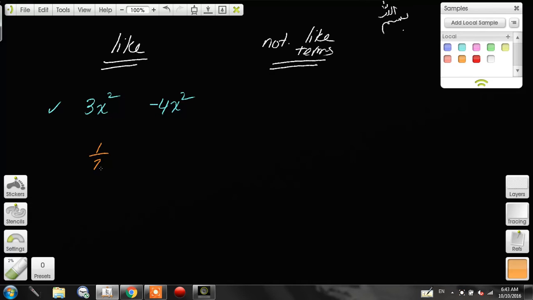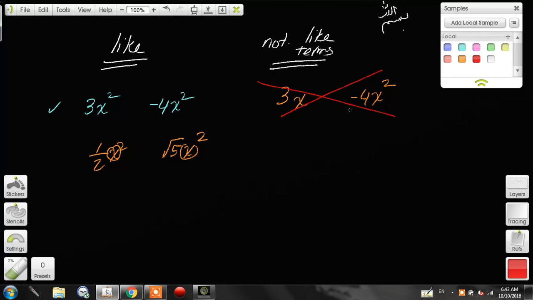Okay, how about 1/2 x squared and square root of 5x squared? Are these like terms? You bet they are, because the same variable to the same exponent. What's this one? 3x minus 4x squared. These are not like terms. The reason is because it's the same variable, but here the exponent is 1 and here the exponent is 2.